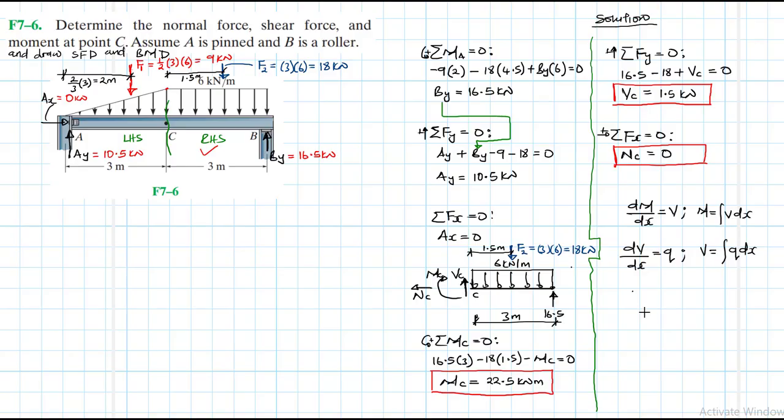One thing I also need to mention is how the distributed force is related to the shear and how the shear is related to the moment in terms of functions.